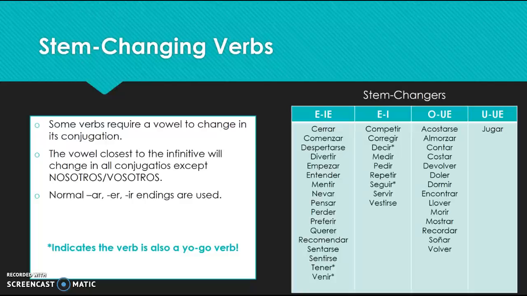Now, once those vowels change, and again, they only change in the yo, tú, él, and ellos form, not in nosotros, vosotros, they go on to use normal AR, ER, and IR endings. Now you'll notice that some of these verbs have an asterisk, and that's because they happen to be yo-go verbs and then stem changers. So we need to remember that they have an extra special yo form, but after that, they just become a normal stem changer.